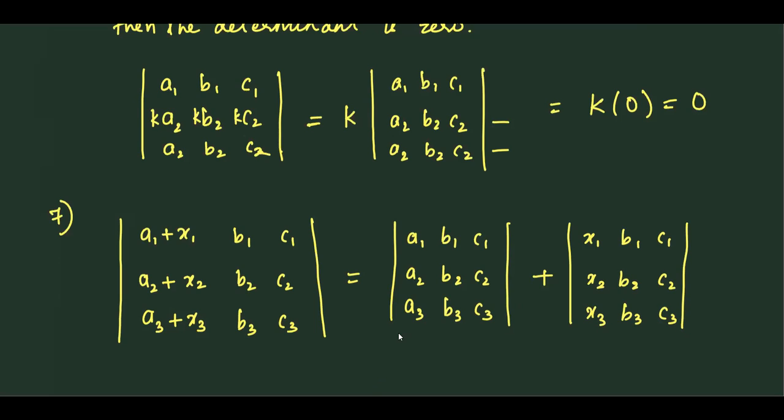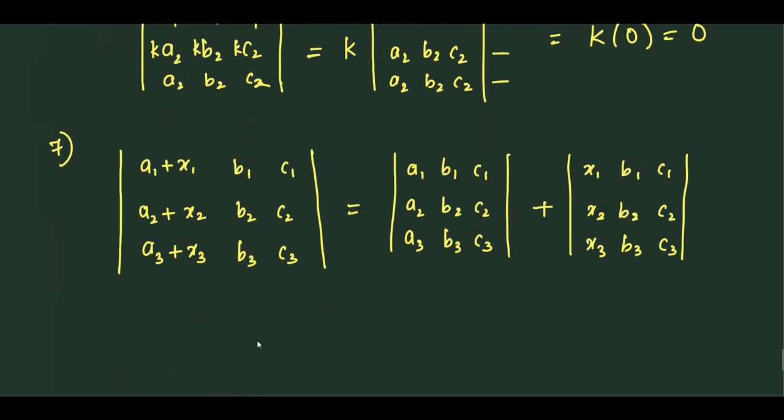Very important. Remember, it is not applicable if two columns are sums; here it is one column. This is applicable to rows also, not just columns. If a particular column is a sum of two elements, then the determinant is equal to the sum of two determinants, taking the first element in the first determinant and the second element in the second, keeping the other elements the same.